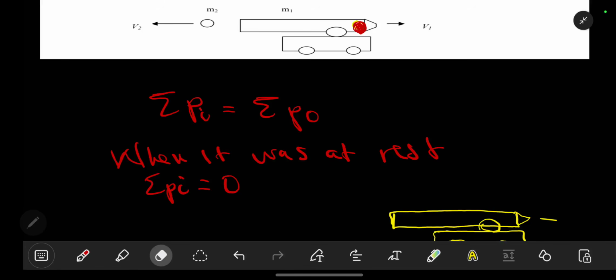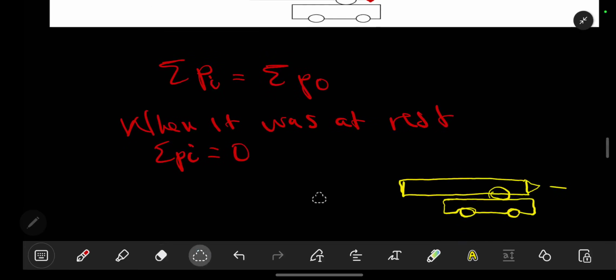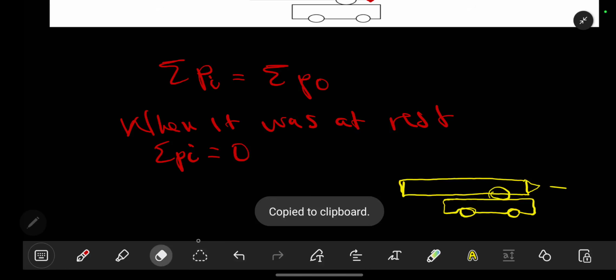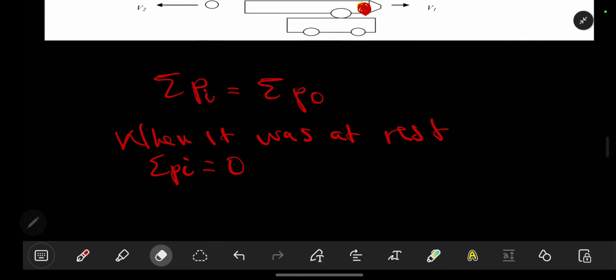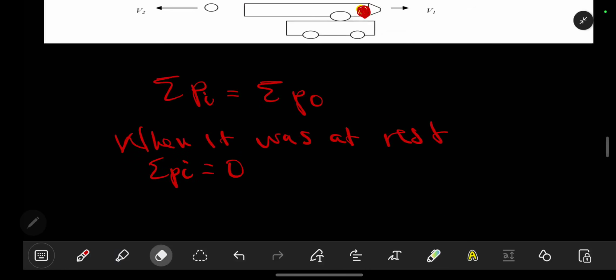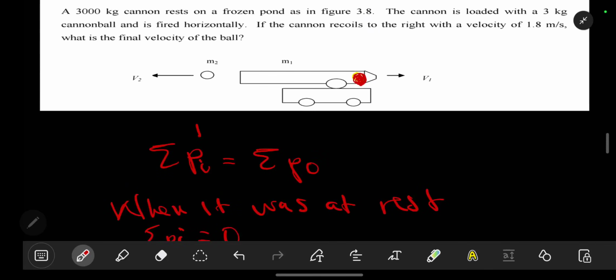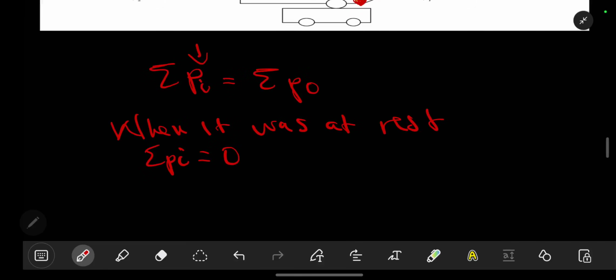Now remember, for momentum, we add whatever is the initial. For the sake of understanding, let's just add first. Remember we said that momentum is the product of mass and velocity.